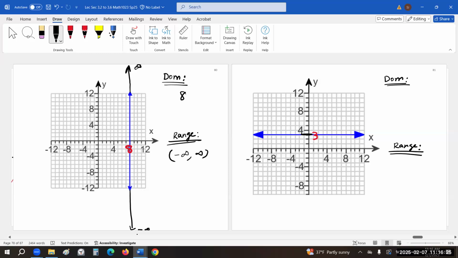And when you have only one number, we don't use parentheses or brackets. We use a new thing called curly brackets. If your domain or range has only one number, use curly brackets. And if it has a bunch of numbers, then we use parentheses or brackets, square brackets.